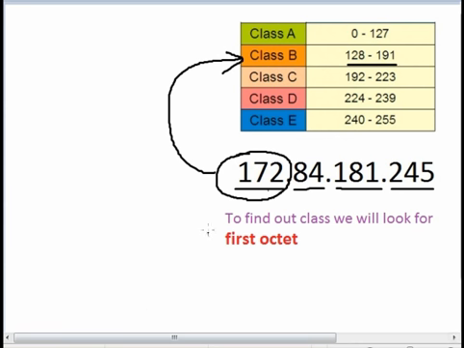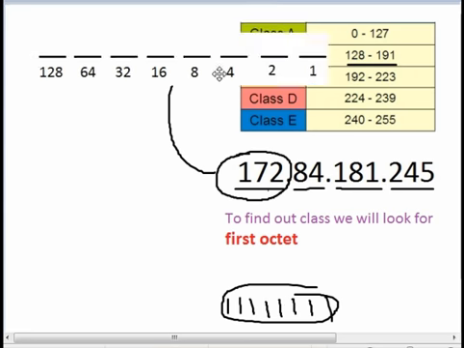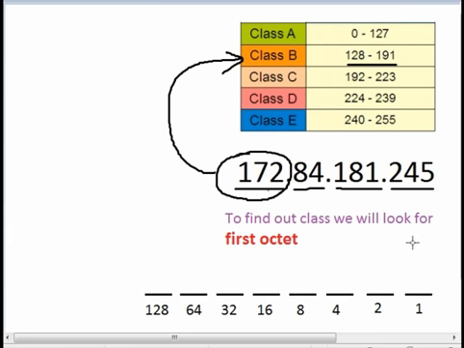Now remember, each octet is 8 bits, meaning 1, 2, 3, 4, 5, 6, 7, 8. Now the value of each bit is: first bit value 1, second bit value 2, third bit value 4, and this way 8, 16, 32, 64, 128.